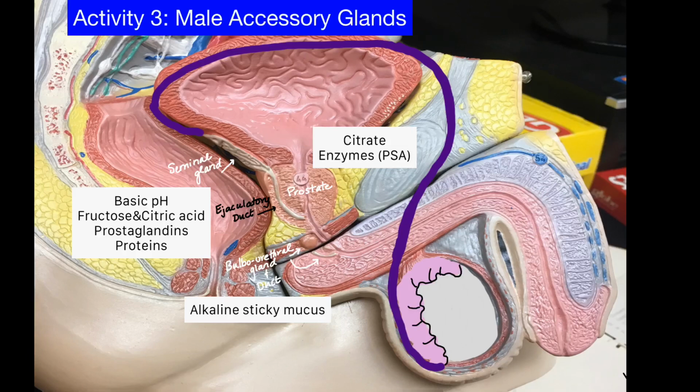That's what this alkaline mucus helps do. The contribution of the bulbourethral glands is just 5%, a tiny amount in the overall contribution of semen.